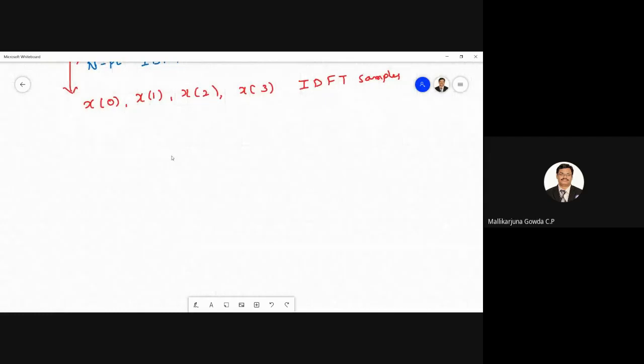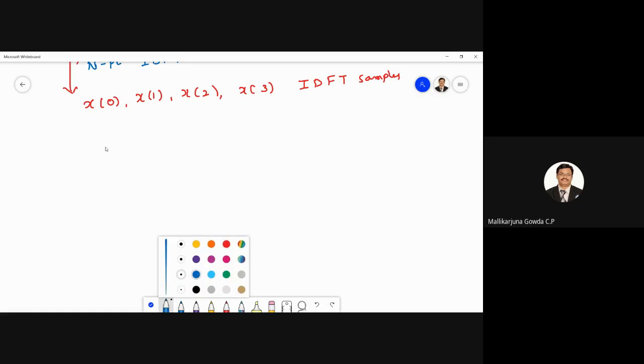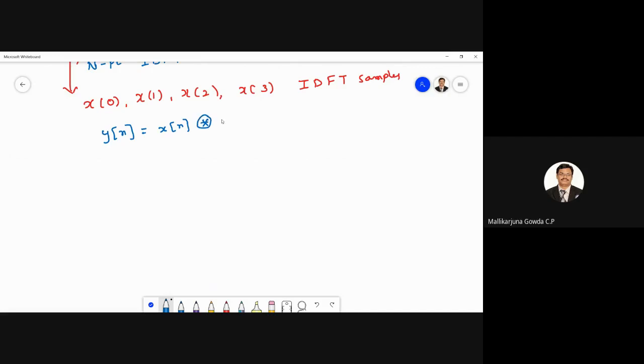So in time domain, I wrote y of n will be equal to x of n circular convolution with h of n.